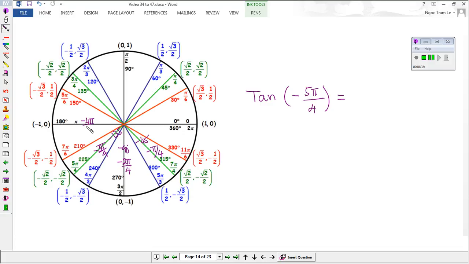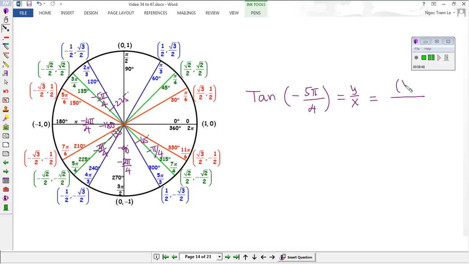This is negative 4 pi over 4 or the same thing as negative 180 degrees. So this green color will be negative 5 pi over 4 or negative 225 degrees. So now we know our x, we know our y.